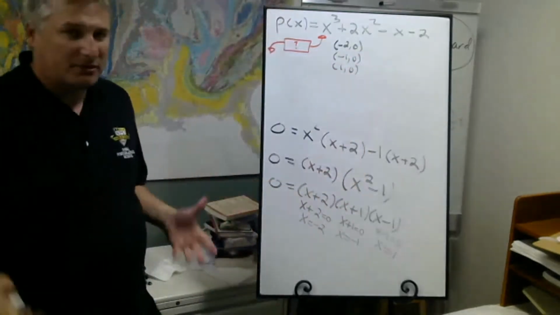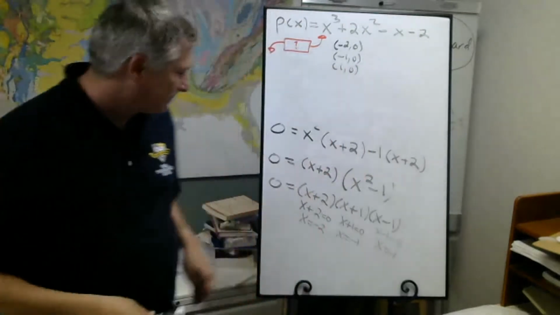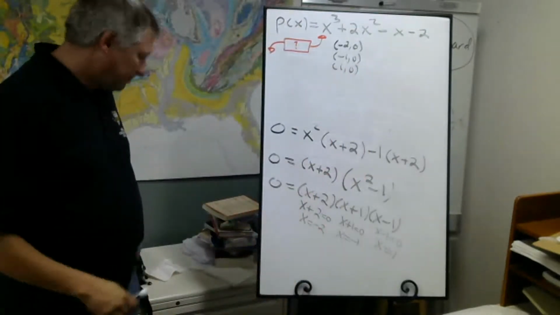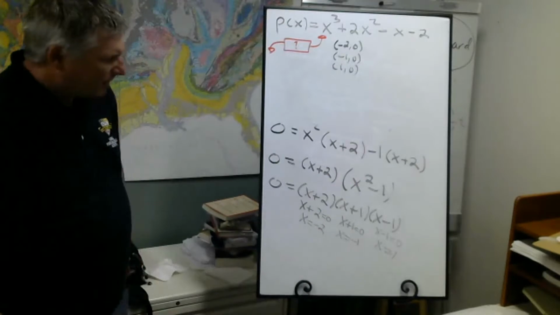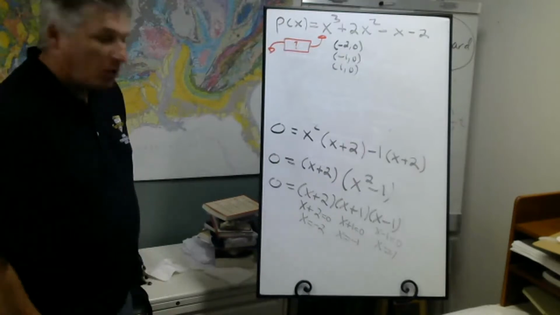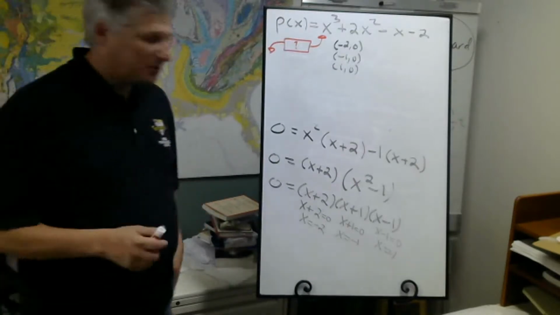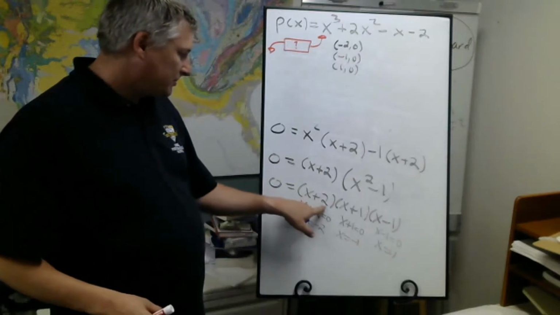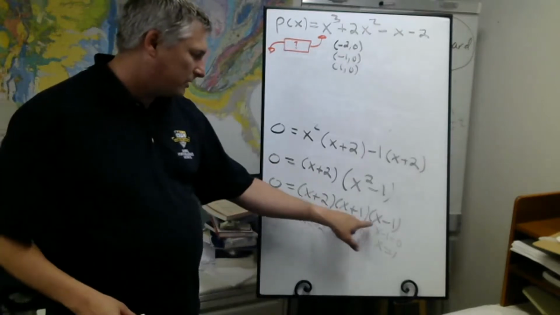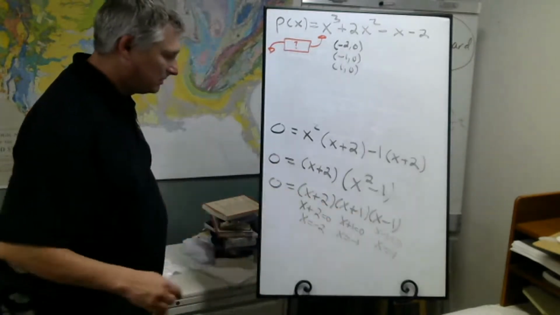So now that we have this, let's check the multiplicity. So the multiplicity on these, we want to see if there's multiples of them. Well, there isn't. There's 1x plus 2, 1x plus 1, and 1x minus 1.